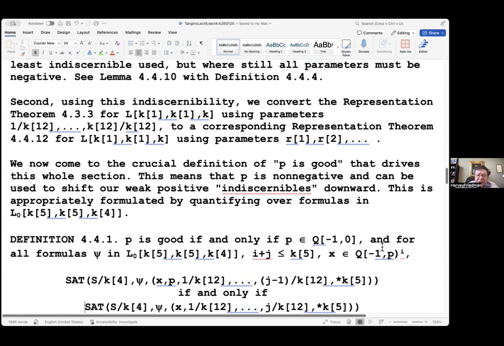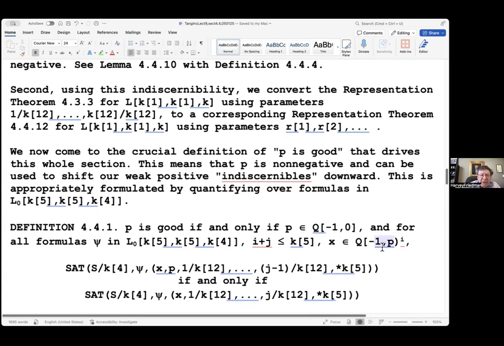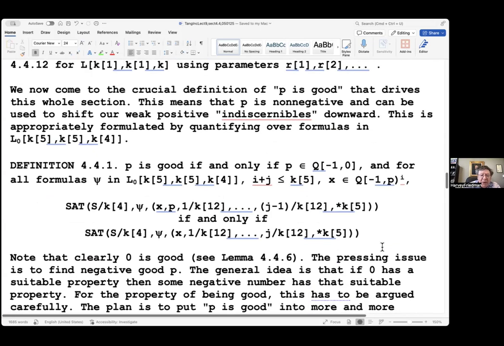All right, in order to start this, we have to have a way to move 0 to a negative number. The way I set it up, we have to have a way of moving 1 over K12 shifted to a negative number.